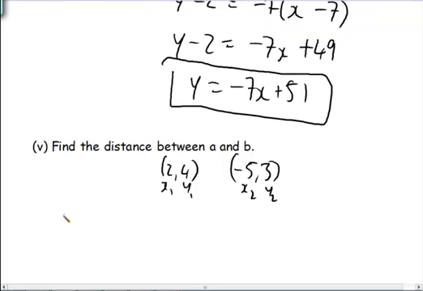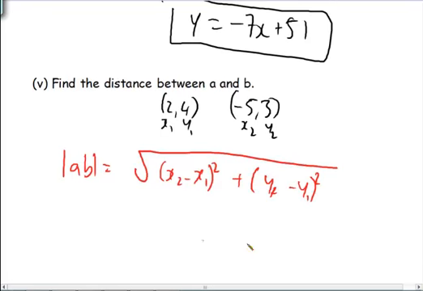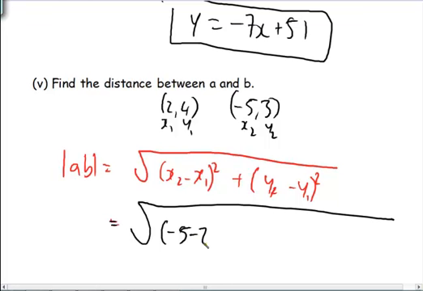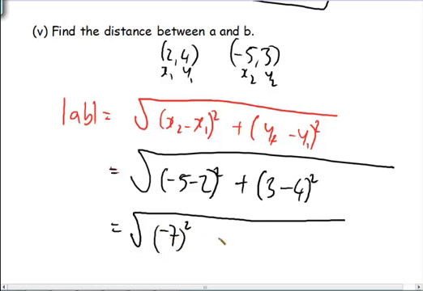The length or the distance formula between A and B is given by, again, page 18 in the log tables, the square root of x2 minus x1 squared plus y2 minus y1 squared, which is equal to the square root of minus 5 minus 2 squared plus y2, which is 3 minus 4 squared, which is equal to the square root of minus 7 squared plus brackets minus 1 squared.